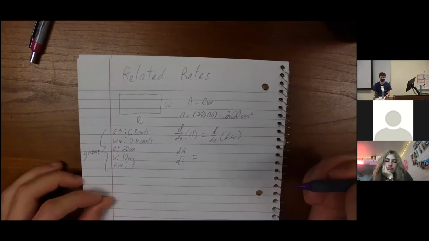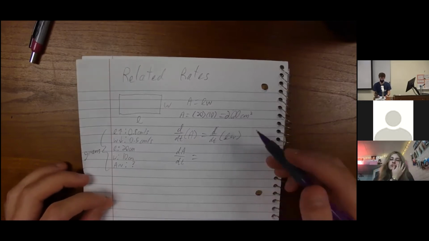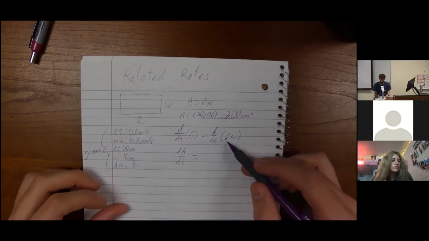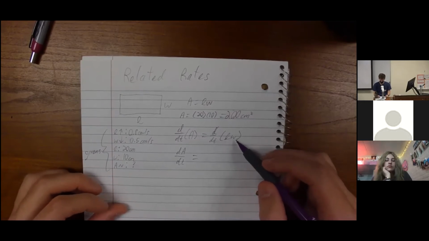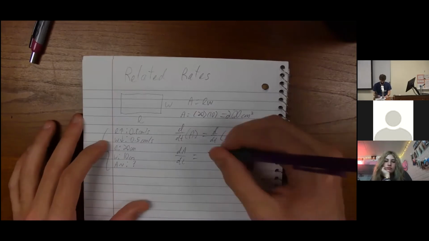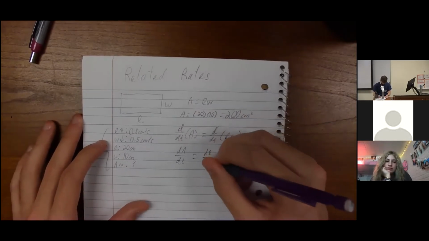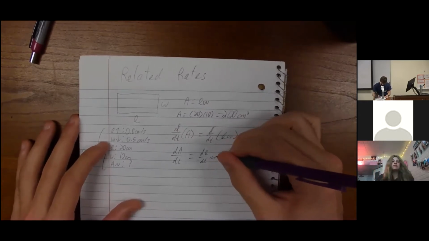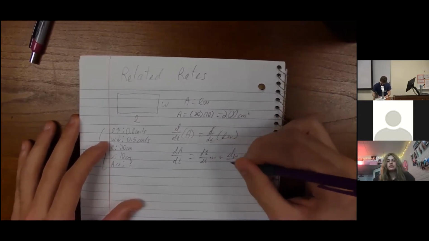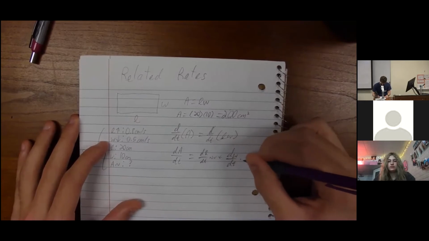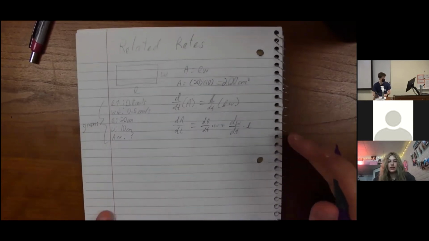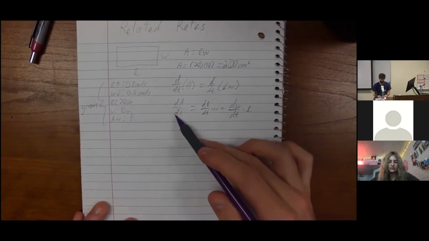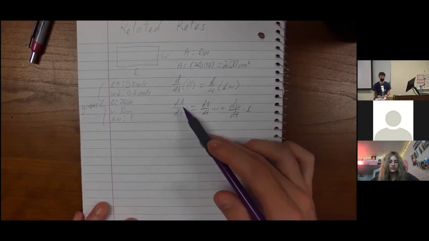Pretend each of these is its own separate little function. We do the derivative of the first times the second plus the first times the derivative of the second, right? Yeah. Times. Right? Yeah.